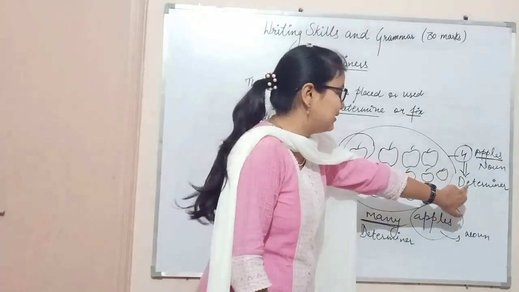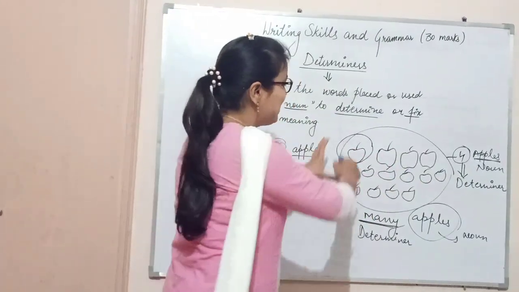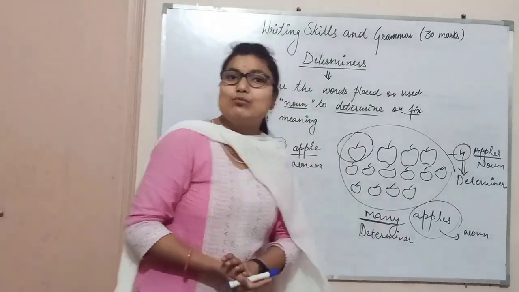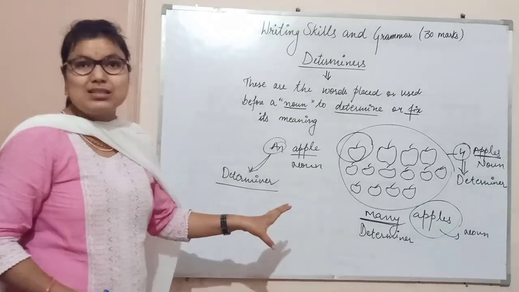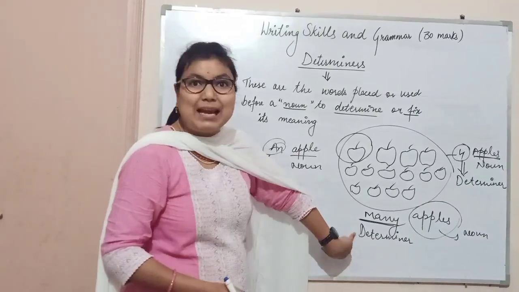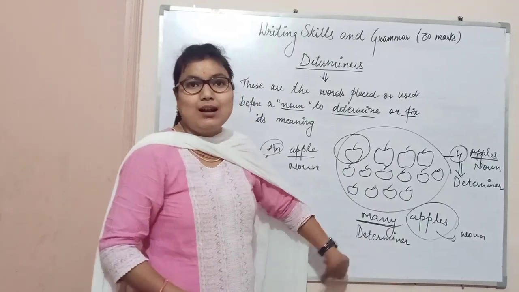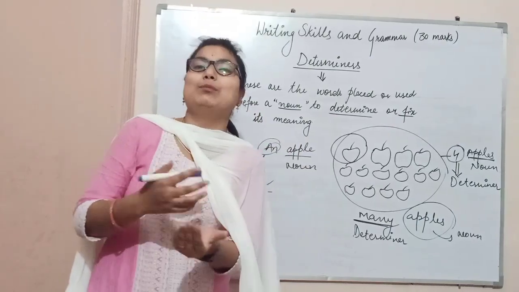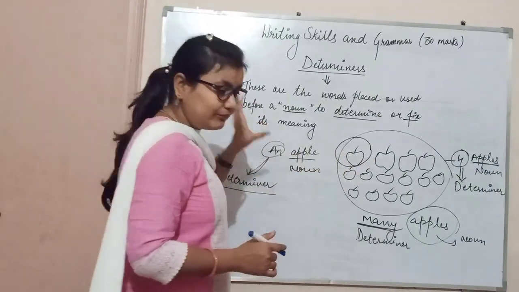Then this four is a determiner. Then I made many apples. And if someone asks you how many apples and you are not able to count them, then you will say many apples. So many here is a determiner. I hope you have understood the concept of determiners, and slowly we will be going through the concept.